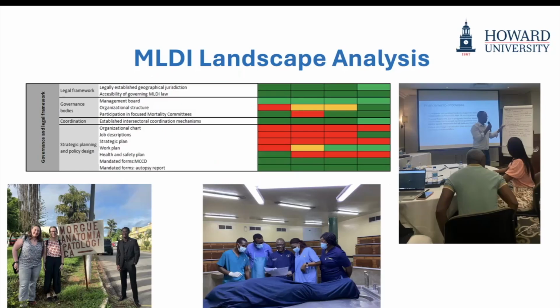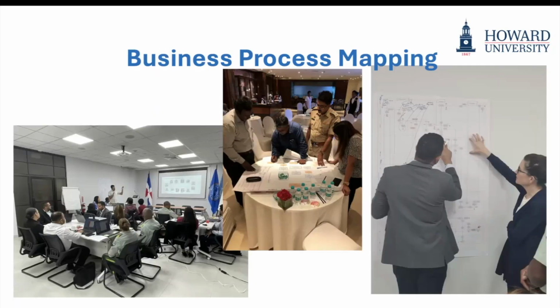Papua New Guinea, Mozambique, and Rwanda are now embarking on the systems improvements in Phase 6 that were identified through this assessment. Another systems assessment method we use is business process mapping, which is an excellent method for bringing stakeholders together to develop a clear understanding of a system process and potential areas for improvement.